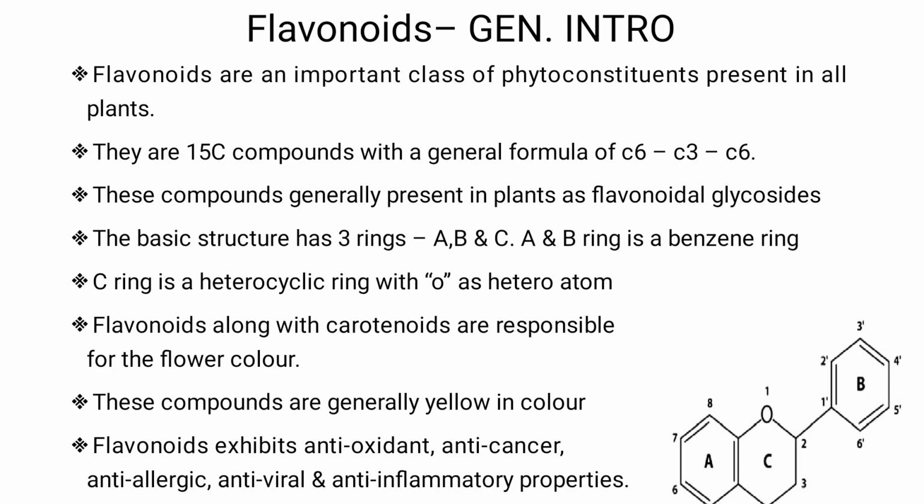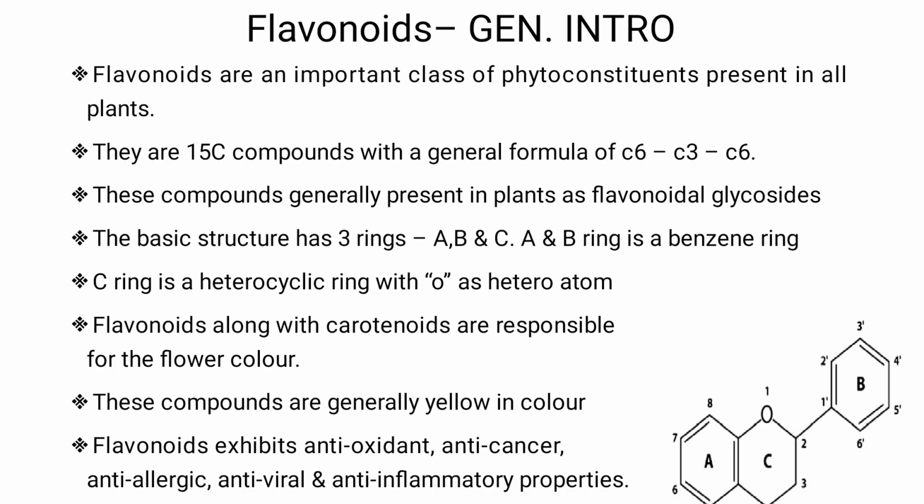We may have heard about these carotenoids, right? Terpenoids which are present in large amount in carrot, so that it's called as carotenoid actually. We'll discuss about it in a separate class. So the flavonoids along with carotenoids are responsible for a variety of color in the flowers.